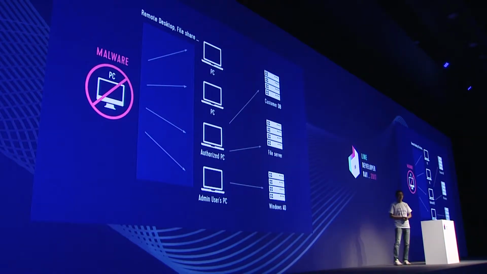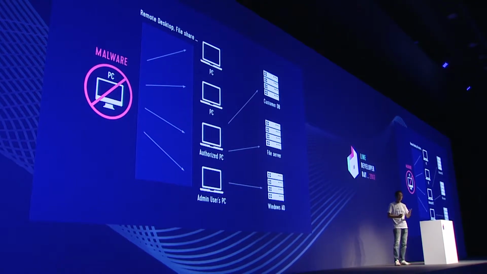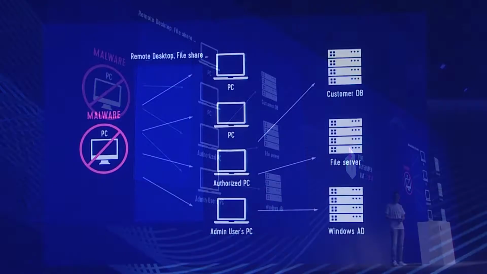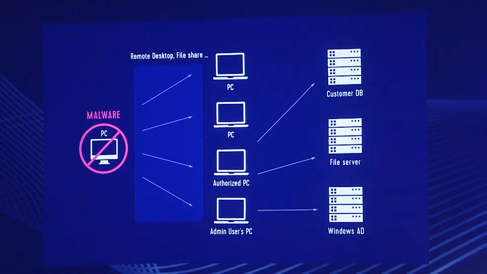For example, if a PC is infected with malware, the attacker would spend time to collect information about the company. The attacker is targeting our important information, like customer information, or file servers with lots of information inside, or the admin server that controls PCs.